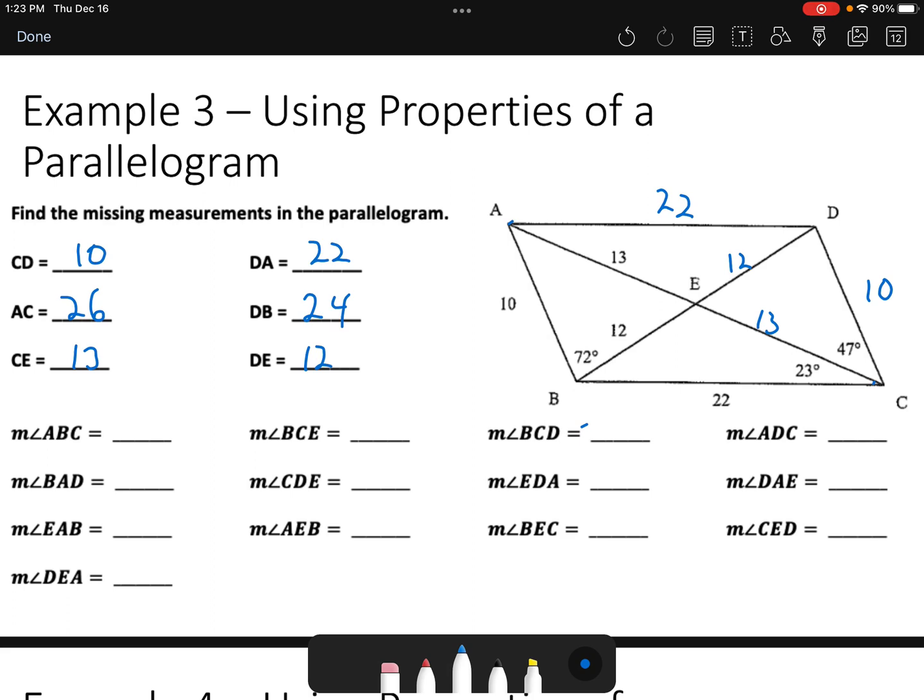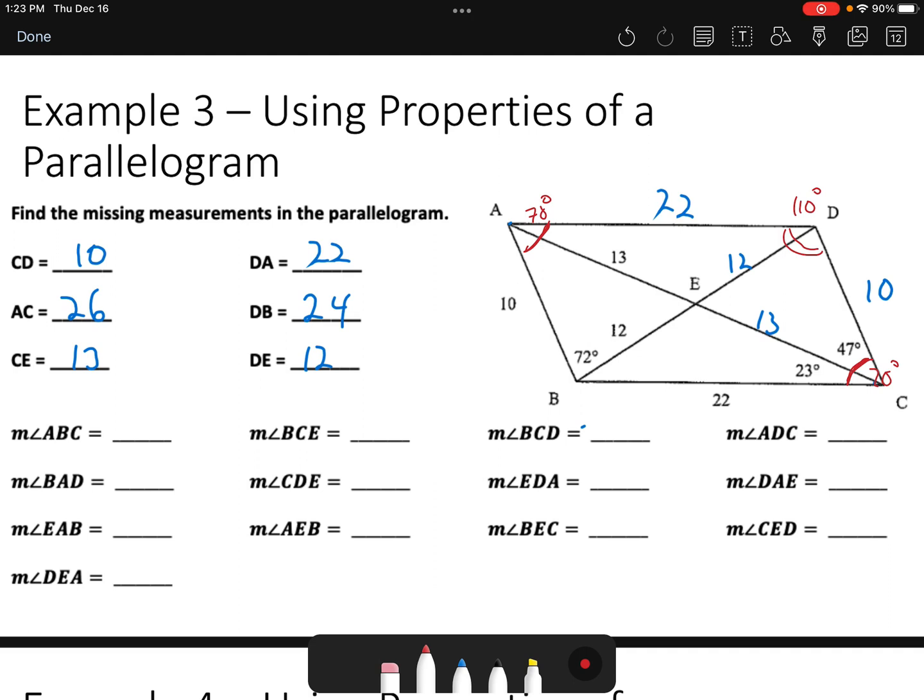All right, now look at all these angle measures, right? So many angle measures. But let's go ahead and just think about a parallelogram first. We know that opposite angles are congruent. Well, what is this whole angle? Well, it's 47 plus 23, which is 70. So we know that this angle is 70.